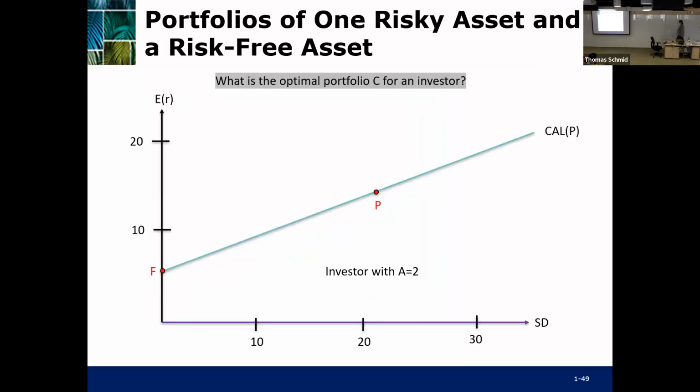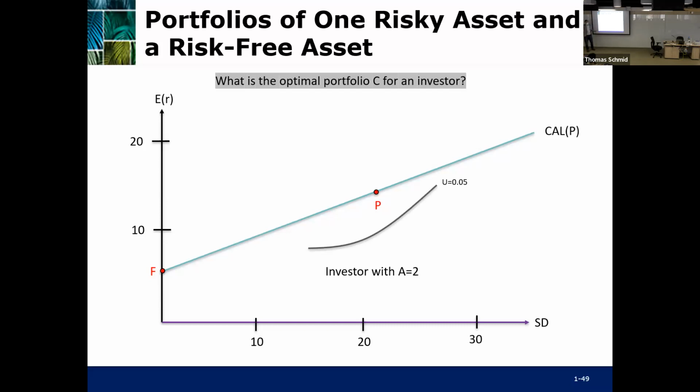Good. So now, let's slowly combine indifference curves and capital allocation lines. Okay, so this is the capital allocation line. This is exactly what we had before. So if we now plot the indifference curve for a specific investor, with A equal 2, remember, indifference curves are always investor specific because their slope depends on risk aversion.